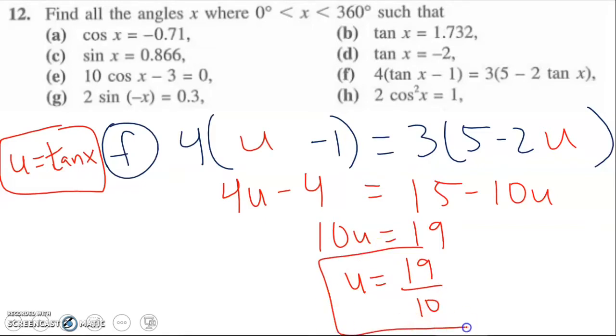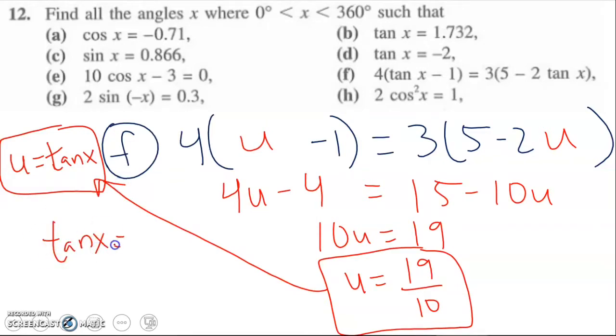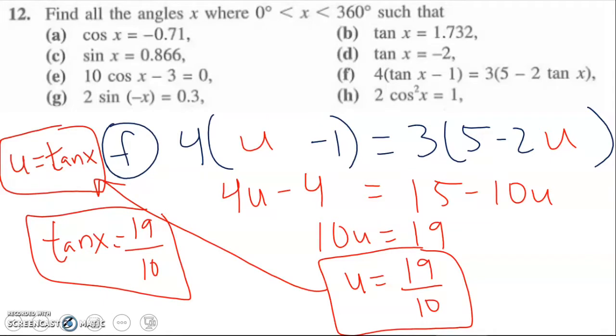Well, what was u? Let's trace back. u is also tan x. So I know tan x is also equal to 19 over 14. I'm just replacing it with tan x. Now we can go ahead and find the angle associated with that.